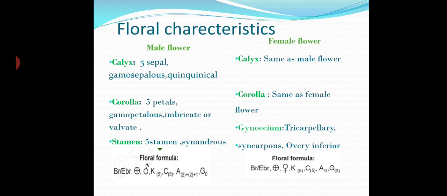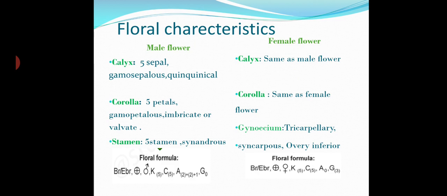In female flower, calyx is similar to the male flower. That is, in both cases, calyx are same. And now coming to the corolla, there are petals, 5 in number.